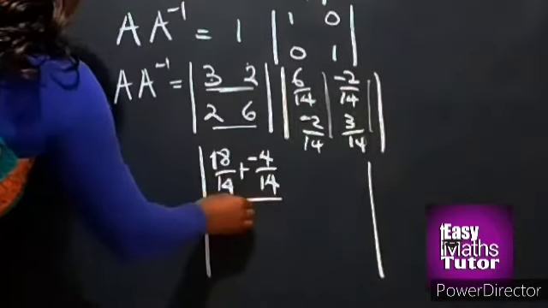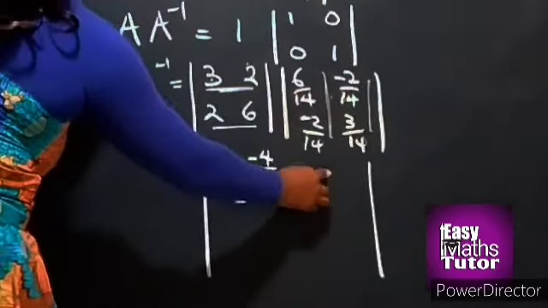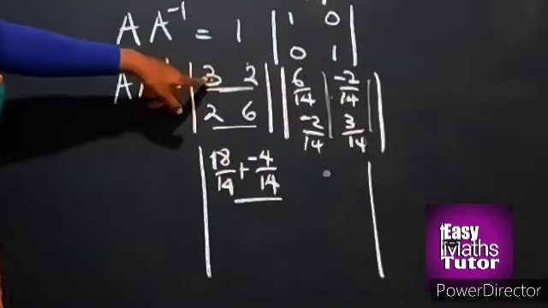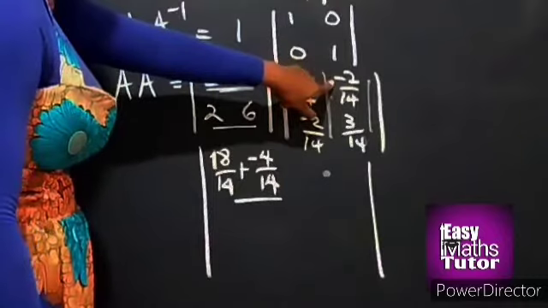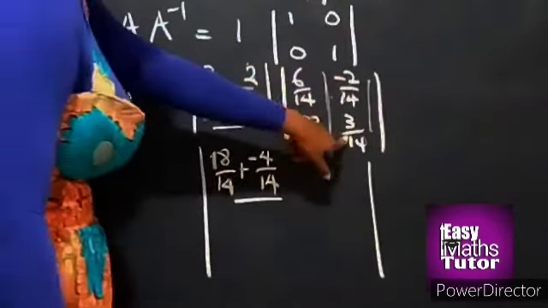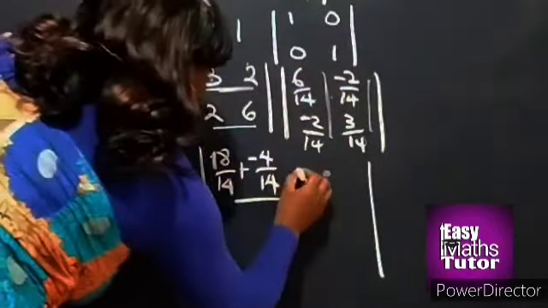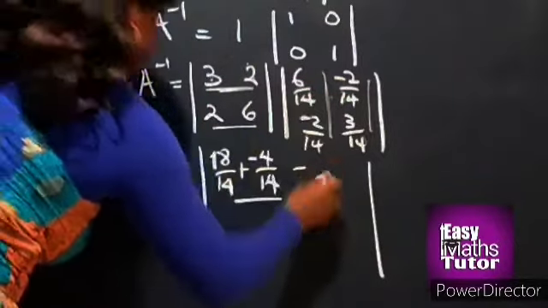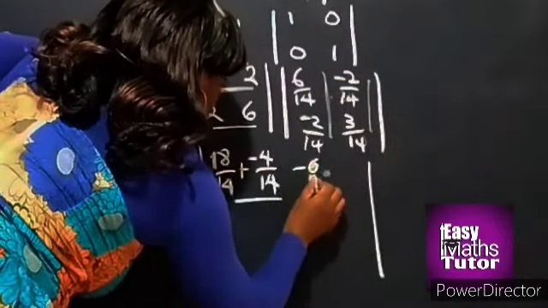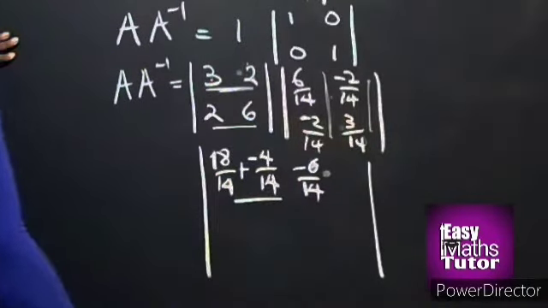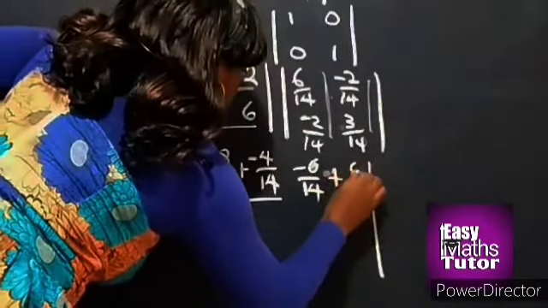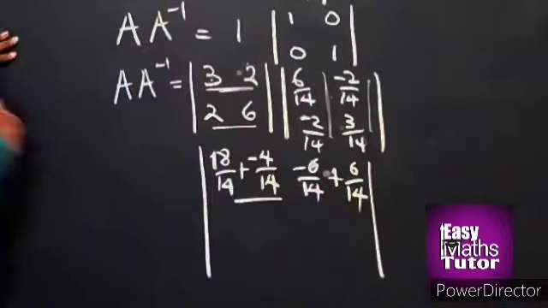Now the second element will be this times this plus this times this. So that will be 3 times minus 2, which is minus 6 over 14, plus 2 times 3 over 14, which is plus 6 over 14.